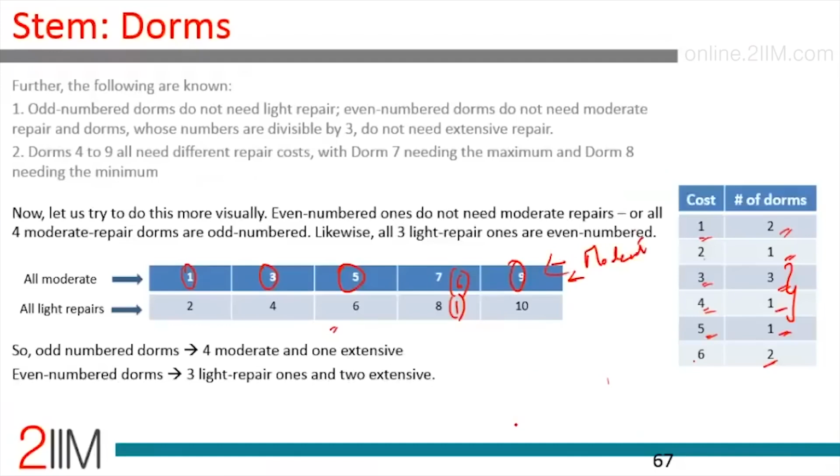The numbers there should be 3, 3, 3, and 4. 3 of those should cost 3 crores each. Remaining 1 should cost 4 crores. We know that straight away because all 4 moderate need to go into the odd number. DOM 7 costs 6 crores, that we already know. So 1, 3, 5, 9. These 4 should be moderate. Moderate means you should cost 3 crores or 4 crores. One of those two.